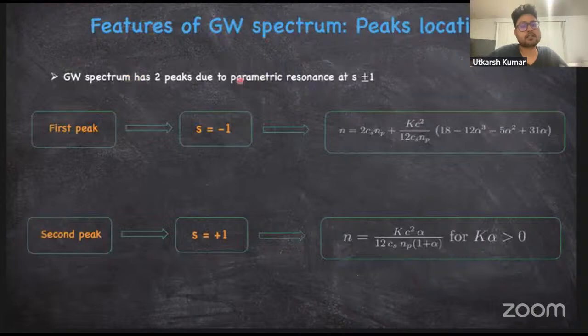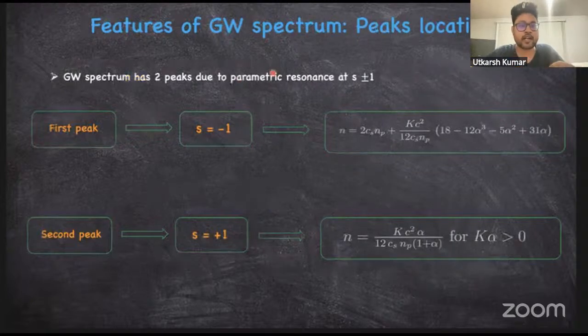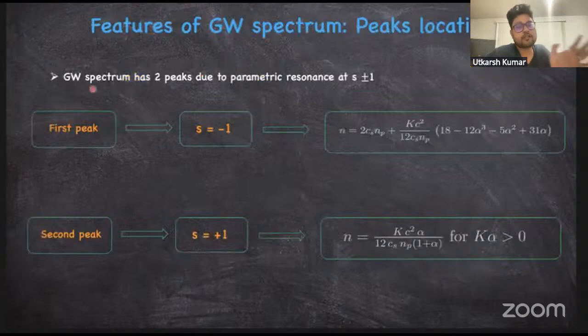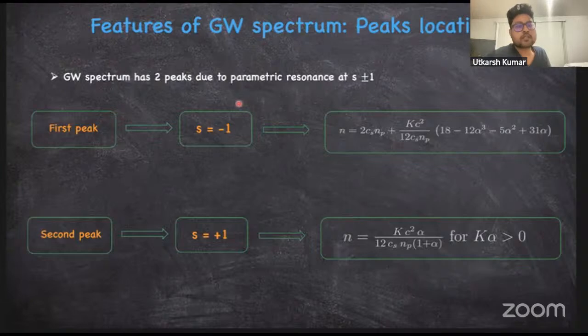Now we will discuss the features that we saw in previous slides, and try to get the same features from the analytical results. As we saw, the gravitational wave spectrum has two peaks, and these two peaks come from the parametric resonance happening at s equals plus or minus 1.